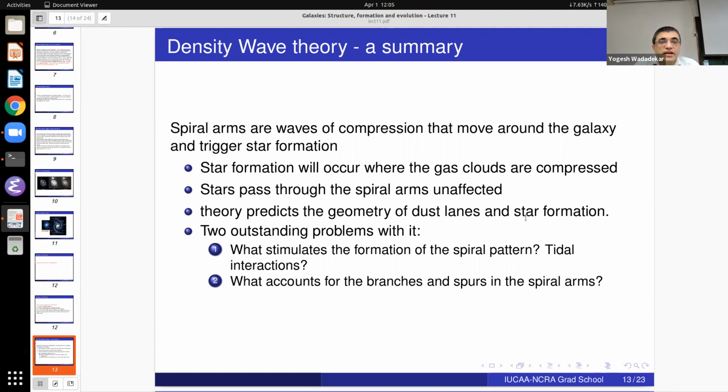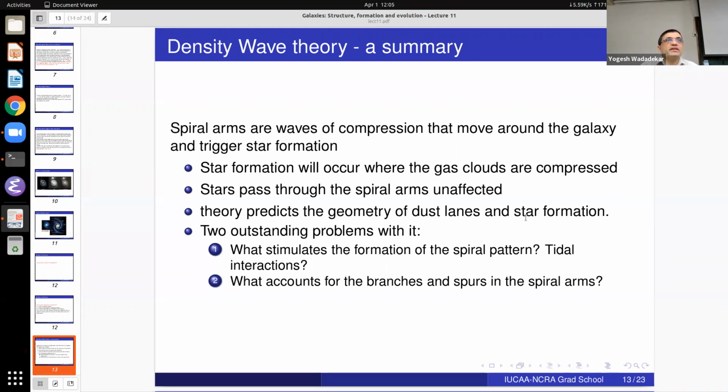There are two outstanding problems with it. What stimulates the formation of a spiral pattern in the first place? Are these some kind of tidal interactions with an external galaxy that creates a kind of forcing function that causes two arms? The theory doesn't predict whether you should see 2 arms or 3 arms or 4 arms. And it also doesn't account for what are called branches and spurs in the spiral arm.